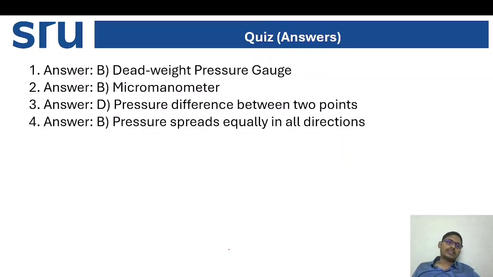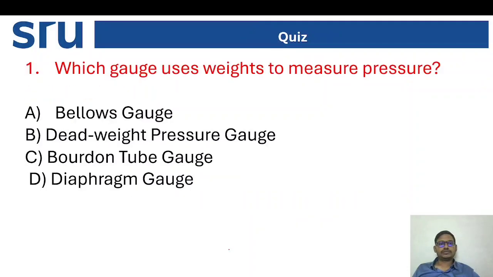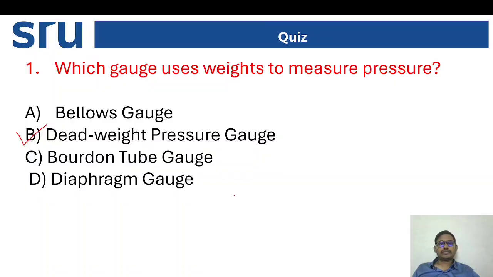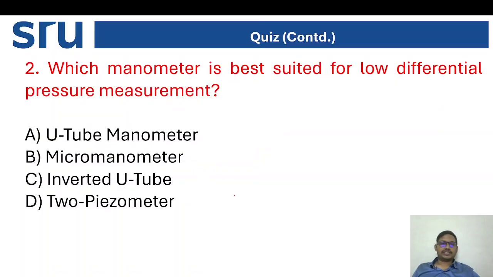So now we'll go for answers. Which gauge uses weights to measure pressure? Deadweight pressure gauge. You see here clearly we are mentioning weights, right? Deadweight pressure gauge. Next one: which manometer is best suited for low differential pressures?